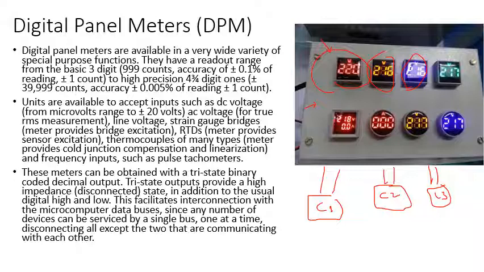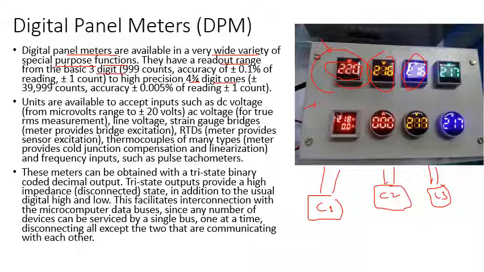Then you can see here digital panel meters are available in a wide variety of special purpose functions. They have a readout range of 3 digits. 3 digits means you can see here it is written 220, and 4 and 3/4 digits.